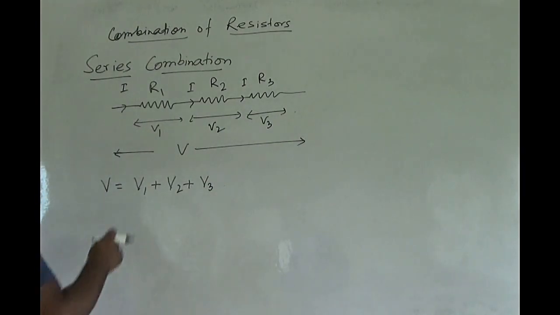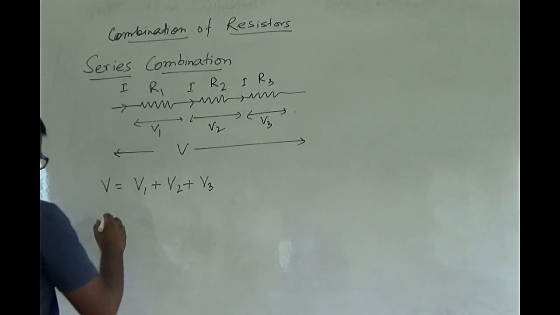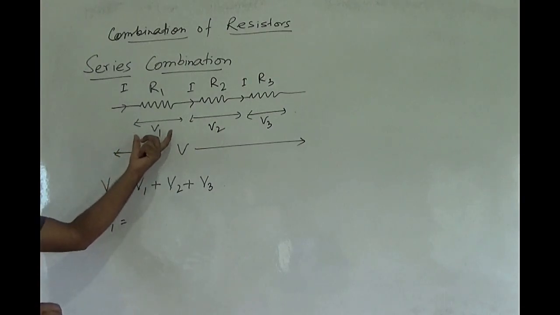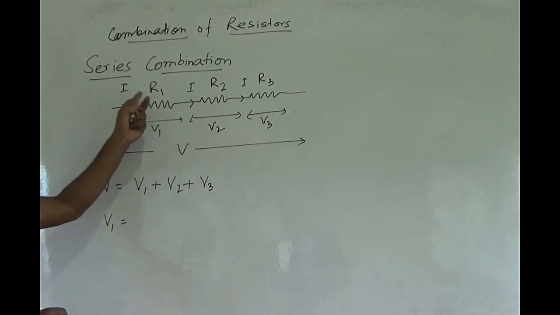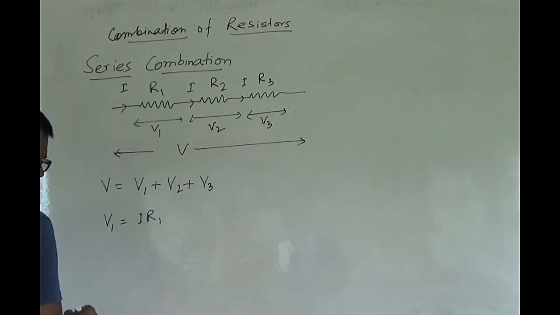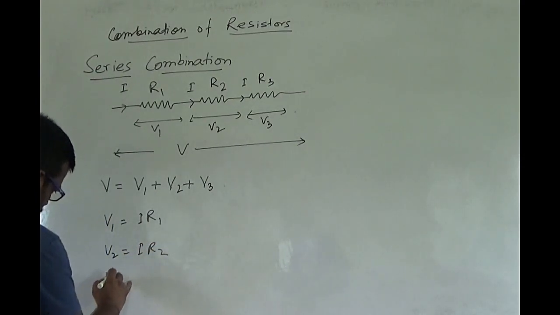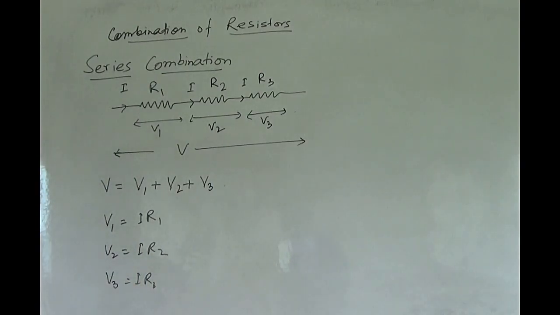And applying Ohm's law to the resistor R1, the voltage across the first resistor is equal to the current through it times the resistance. That is V1 equals I into R1, V2 equals I into R2, and similarly V3 equals I into R3.